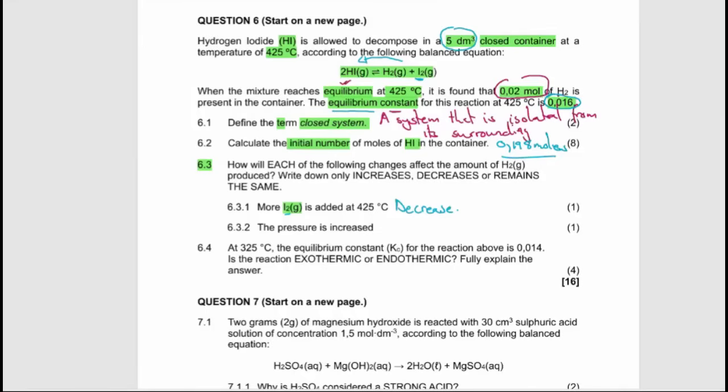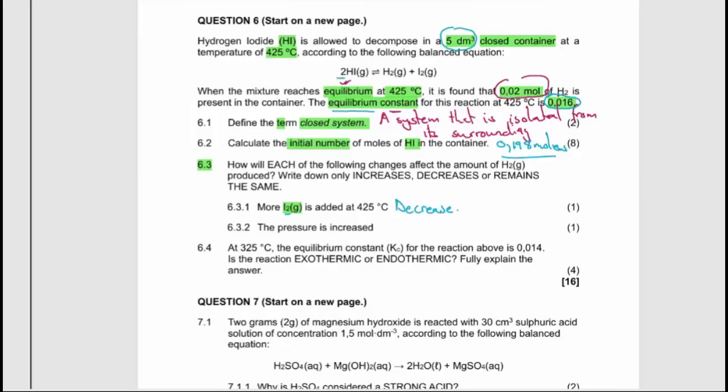Then 6.3.2, the pressure is increased. If the pressure is increased, what is going to happen? Remember, pressure favors the side with the least number of moles. Let's look at the number of moles.